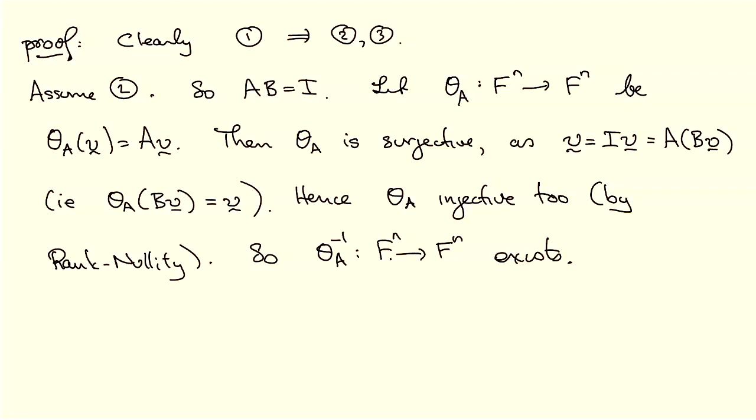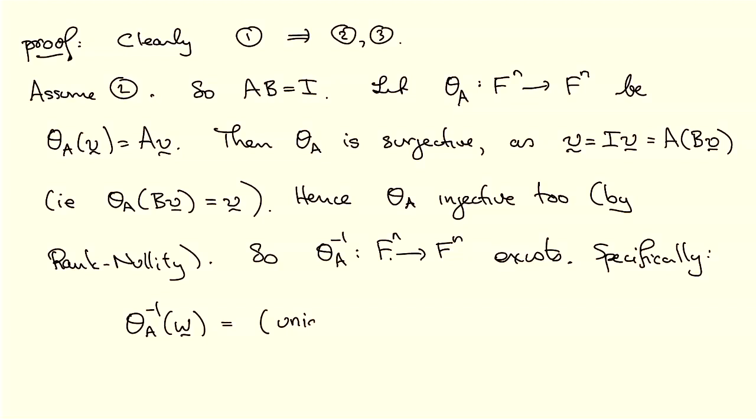Specifically, just because we're still on this last little corollary, really worried a bit about inverses of matrices, we'll check that the inverse really is like the matrix B. That's what we should check. So theta A inverse of W is, well, what does it mean to be the inverse of a function?